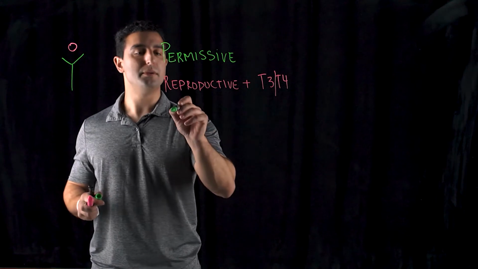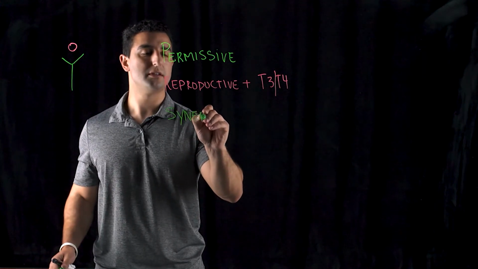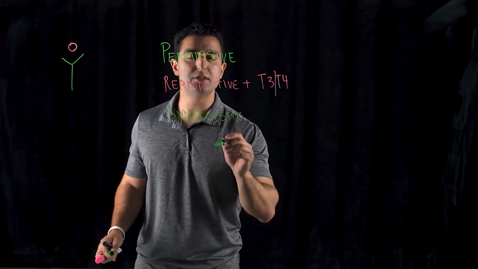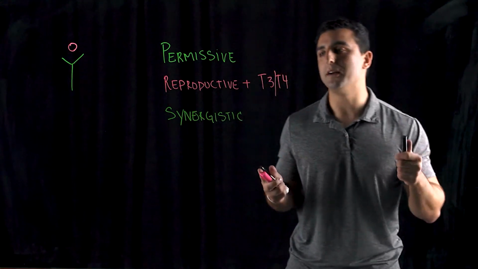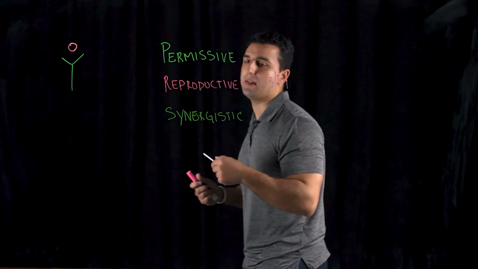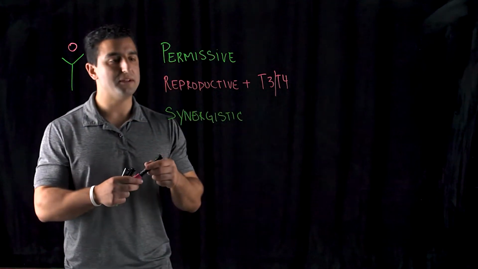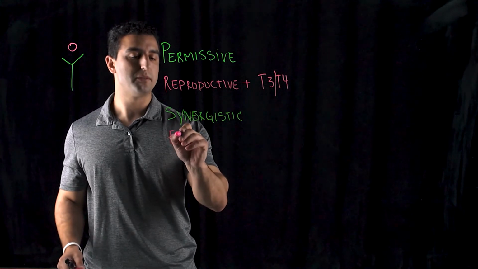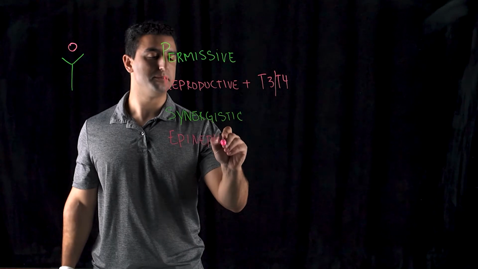Another example that we talked about was synergistic. So what does synergistic mean? Synergistic means whenever another hormone is present, this amplifies that response, right? So you have an amplification of that response. An example of this is during a sympathetic response, you have a secretion of epinephrine, right? And glucagon.